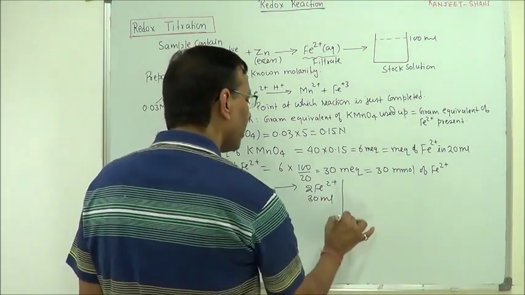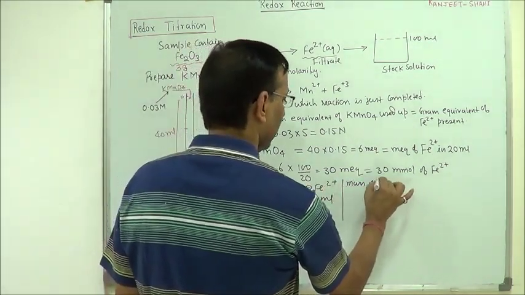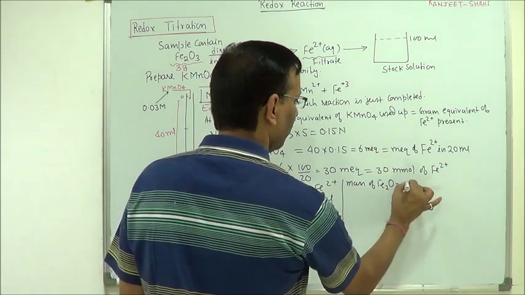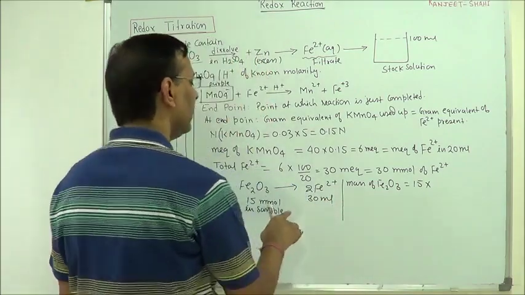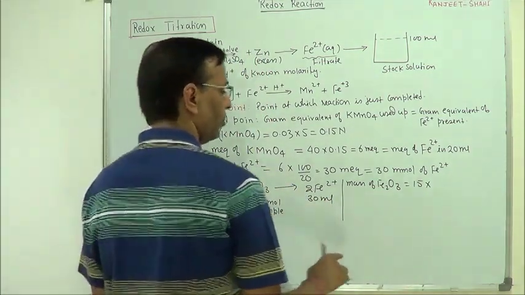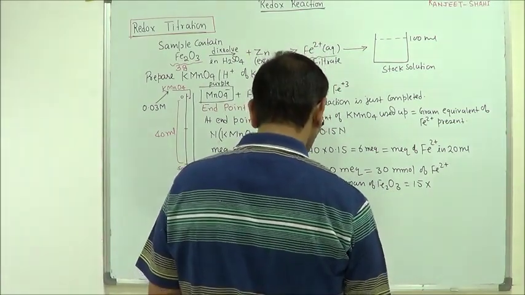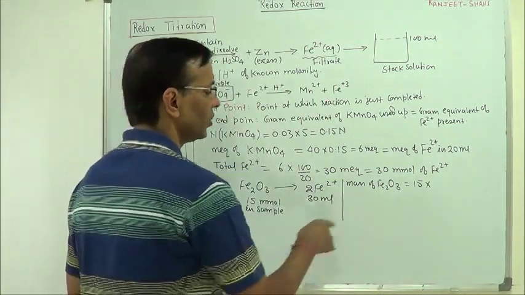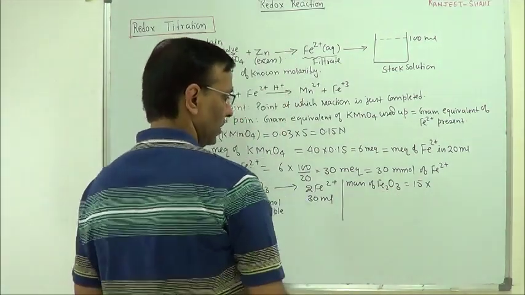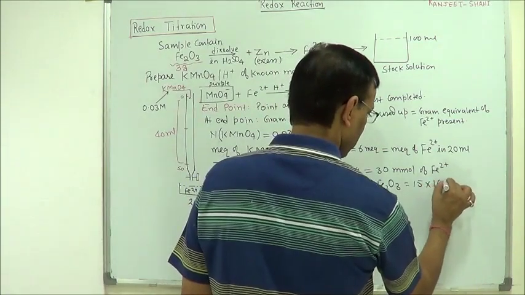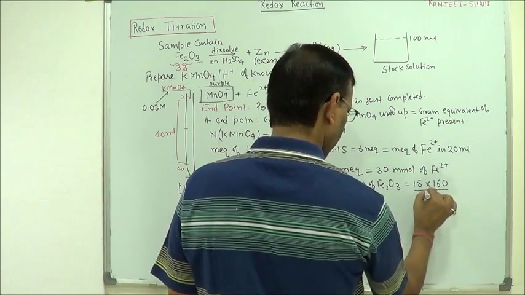So if we convert this to mass, the mass of Fe2O3 will be 15 into molar mass, it is millimole. So 15 into molar mass. If we calculate the molar mass of this, 56 into 2, 112, plus 48, 160, divided by 1000.